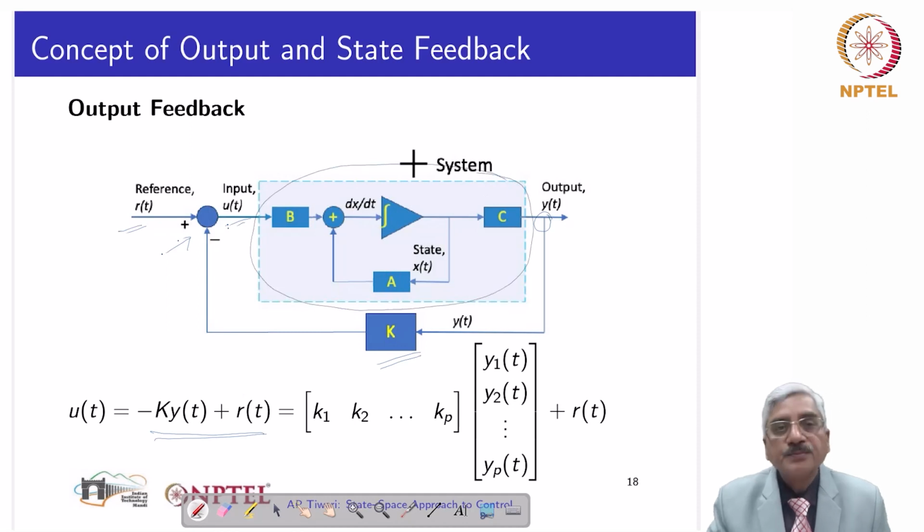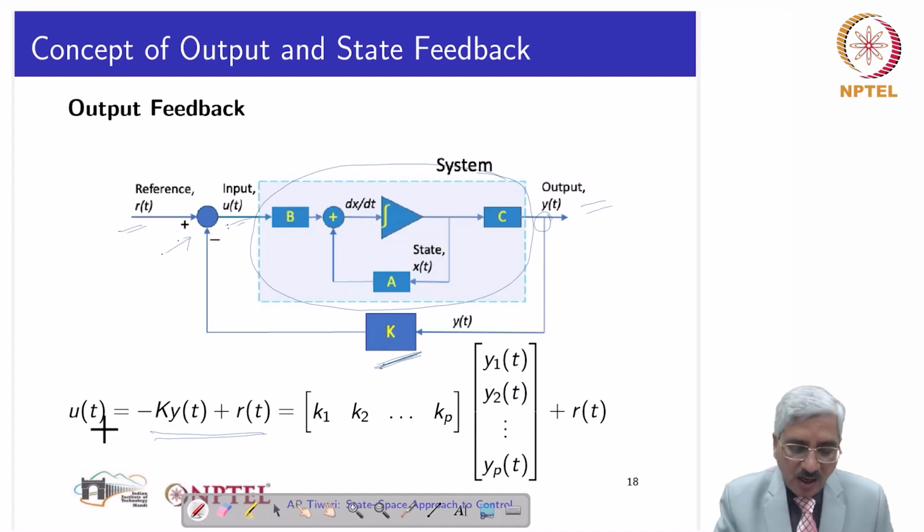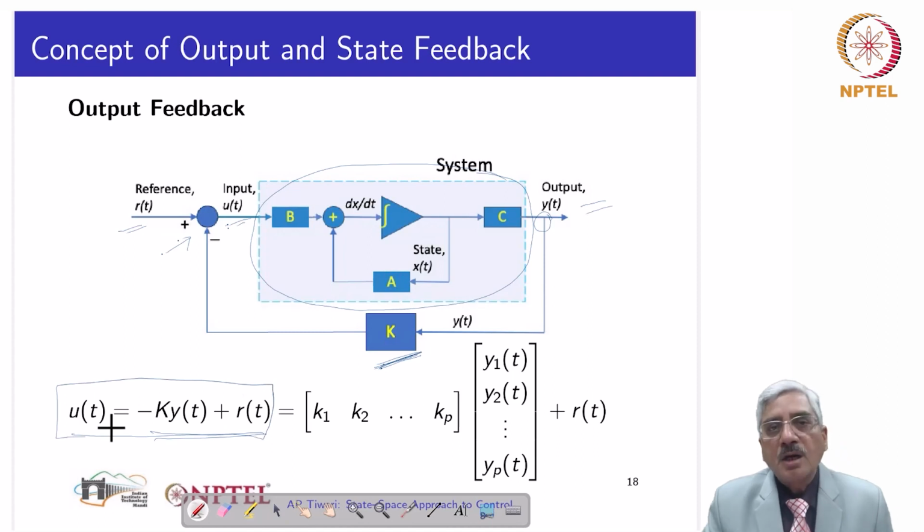This is the plant, and thereby the output will behave probably in the desired manner as K has been chosen. This K is called the output feedback gain, and this equation is the control law with the output feedback. Here K is the feedback matrix.